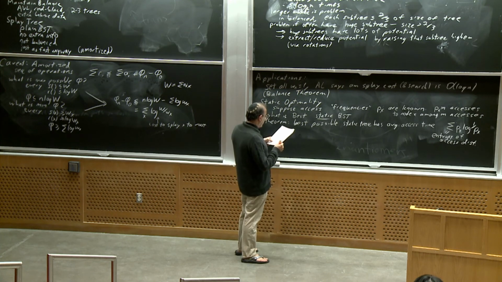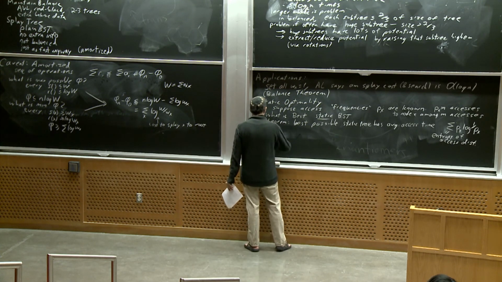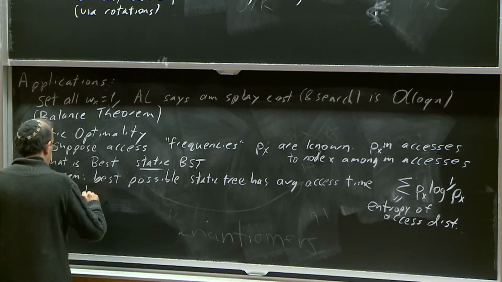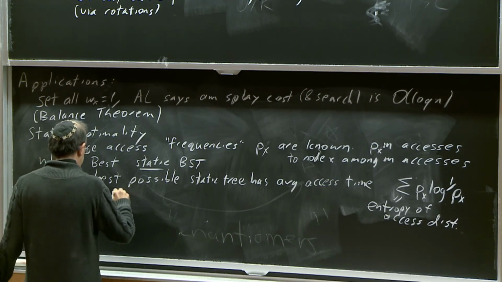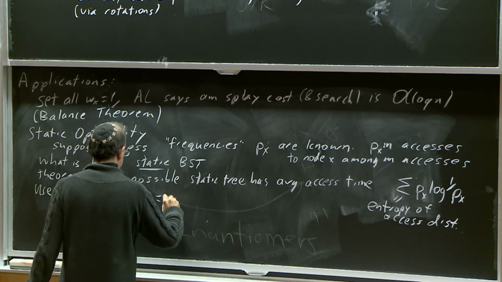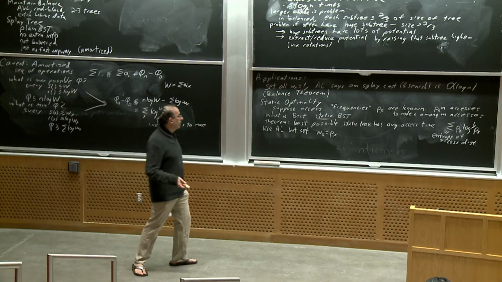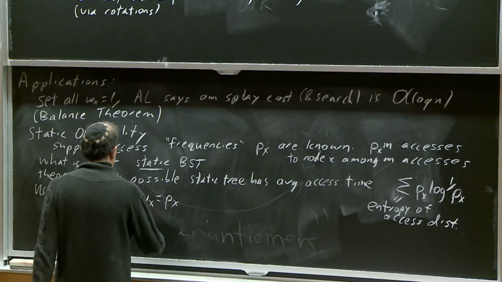If we dust off our access lemma, let's use the access lemma, but set w sub x equal to p sub x. So if the weight of node x is p sub x, what is the total weight, w?